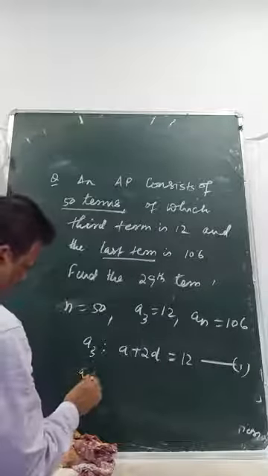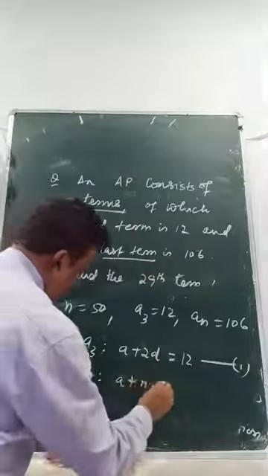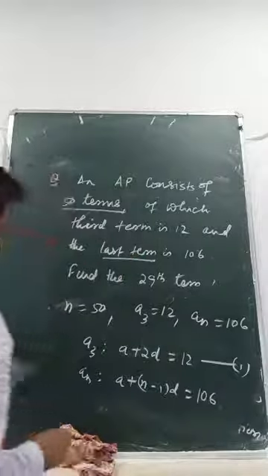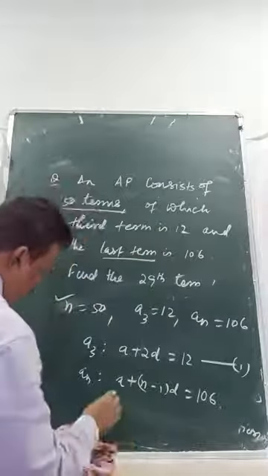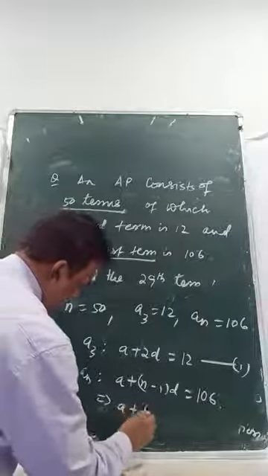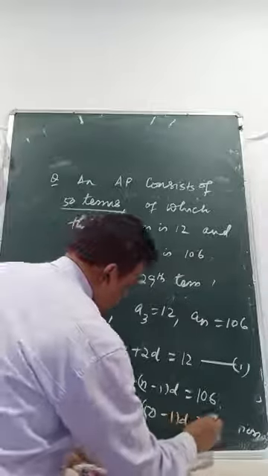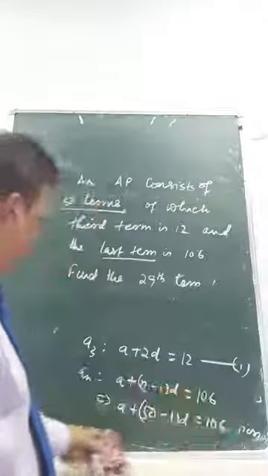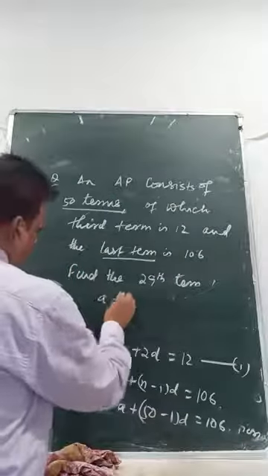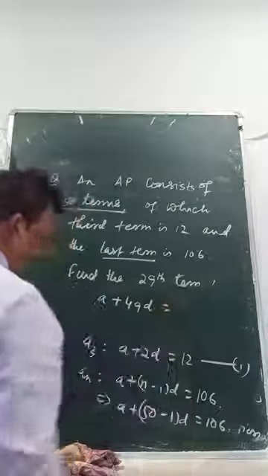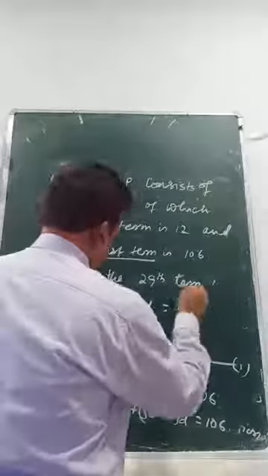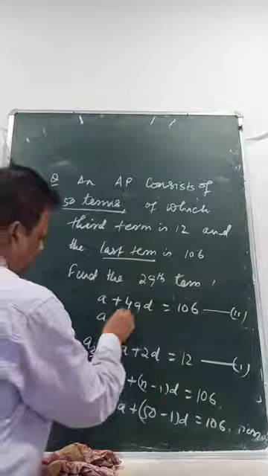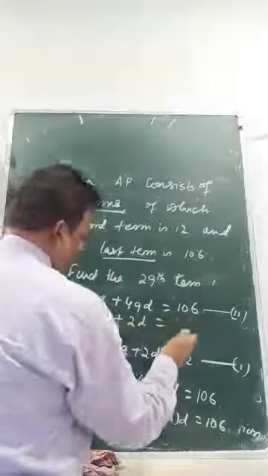Then A plus (n minus 1) into D equals 106. But n is given as 50, so put 50 here: A plus 49D equals 106. This is equation number 2. Below this you write equation number 1: A plus 2D equals 12.